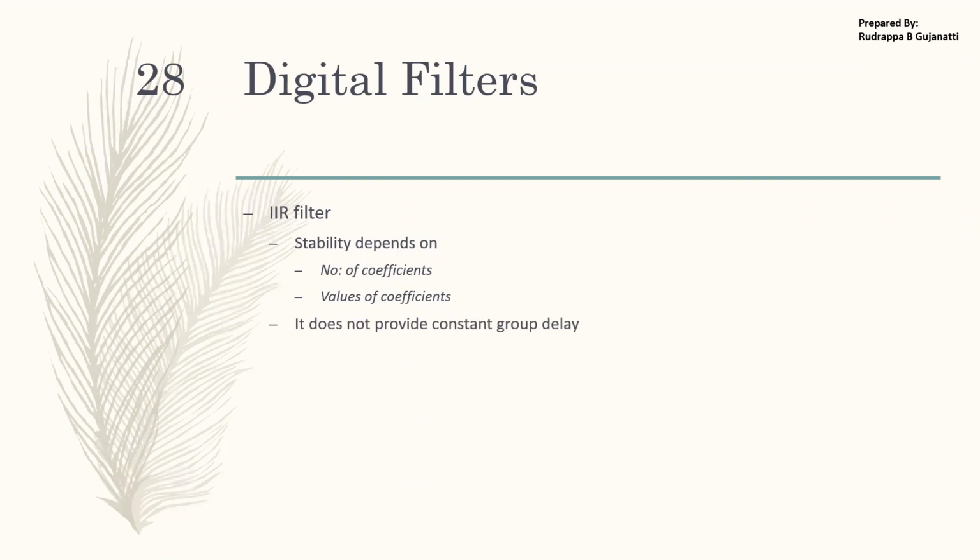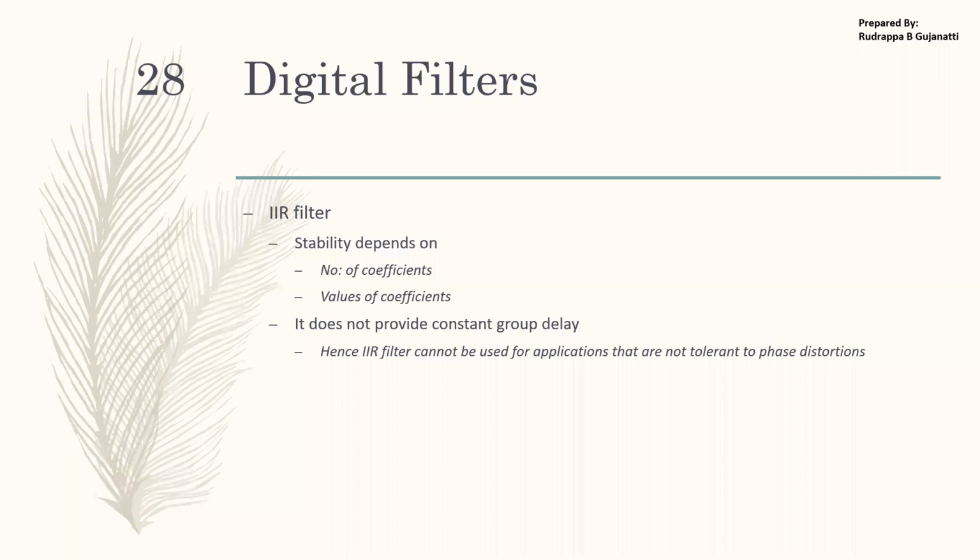So this discussion we had done. We had discussed what the stability of the IIR filter depends on. It depends on the number of coefficients and the values of the coefficients which are required. So apart from nonlinear phase response, it provides a group delay which is not constant.